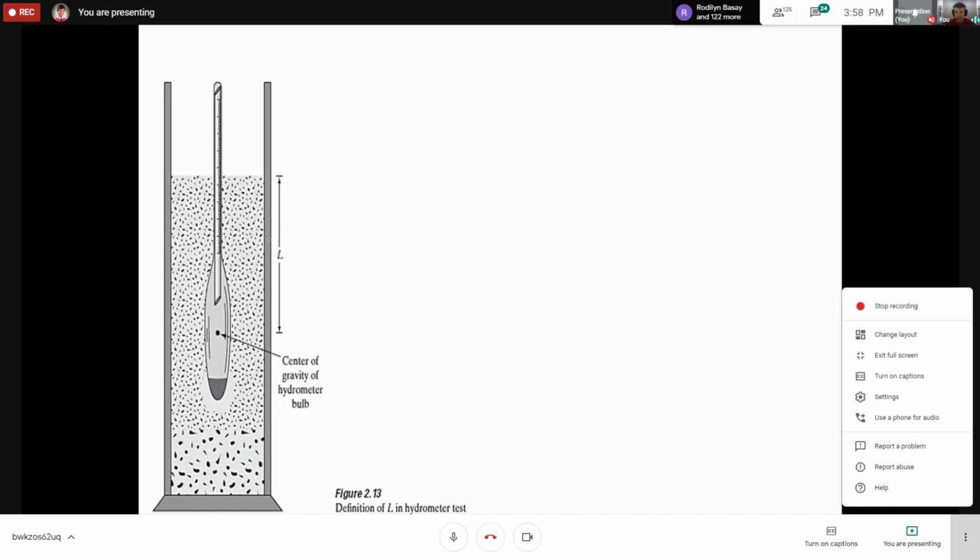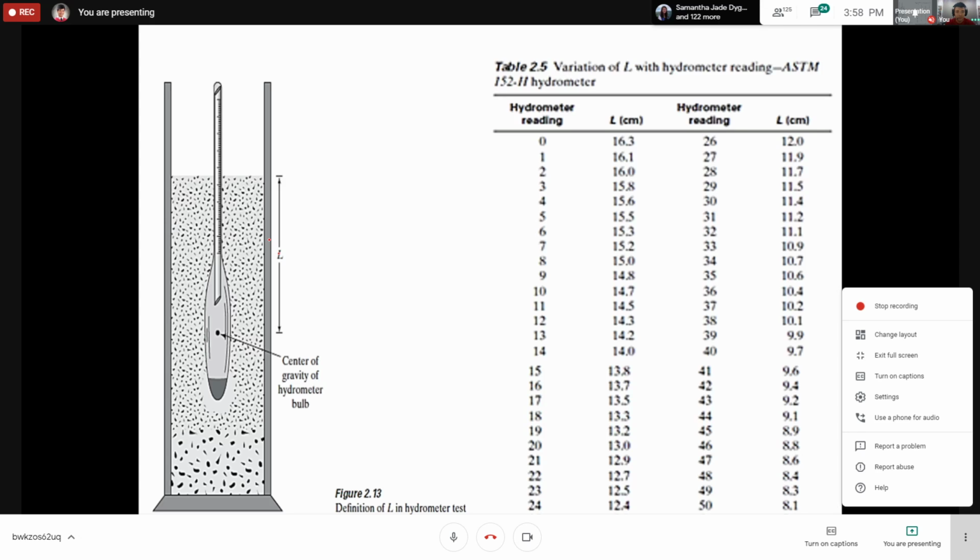Okay, so for the experiment in your hydrometer analysis, usually the length is measured from the center of the bulb of the hydrometer going to the particular reading on your hydrometer. That is the L from earlier. And the time is of course the particular time at which you are reading the hydrometer.